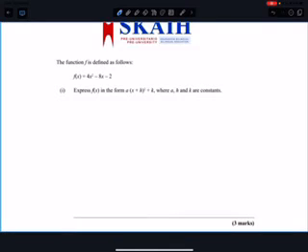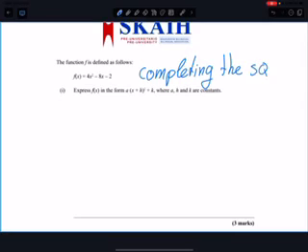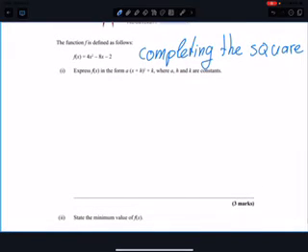Of course, it's not going to tell you to complete the square. So, what are you supposed to do? Complete the square, that is correct.